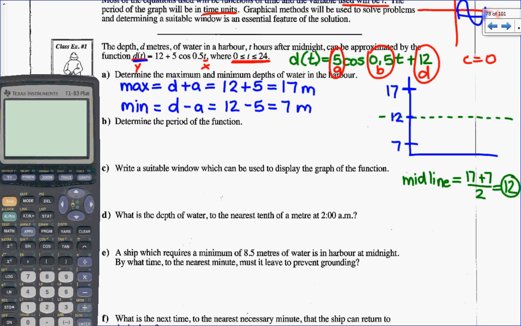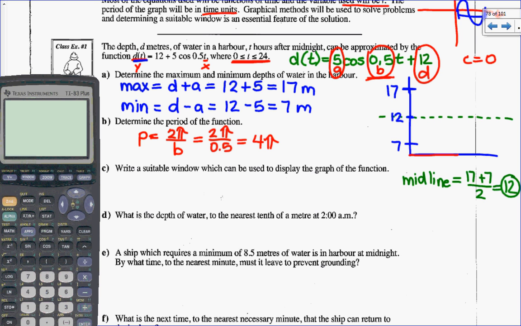All right, now we need to figure out the period, and once we have that, then we can sketch our function. Okay? So period is 2 pi over b. Do we know what our b is? Yes, we do, right from this equation here. b is 0.5. So 2 pi divided in half, in other words, is 4 pi. Okay, and if this is the period, this is the distance that it takes for one whole cycle on this graph.